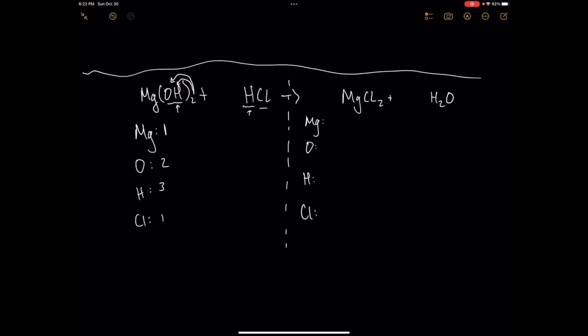Now on the right-hand side, I'm going to count them all as well. So I've got 1 magnesium atom, I have only 1 oxygen atom, I have 2 hydrogen atoms, and I have 2 chlorine atoms, or chloride ions if you'd rather. But what I need to look at now is, I've got a lot of mismatching things here.